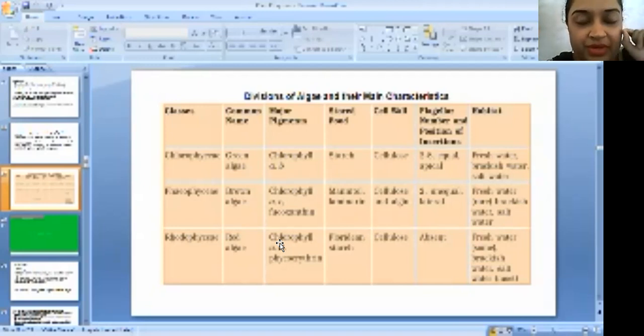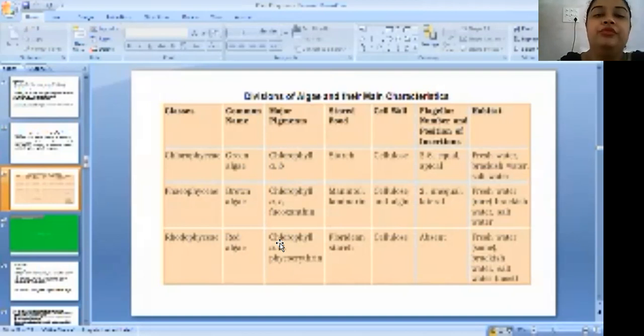Which pigments are present? Chlorophyll A, C, carotenoids, and xanthophylls. Fucoxanthin also. Very good. Rhodophyceae, it is R-phycoerythrin. हाँ, आपने अभी बोला था थोड़ी देर पहले.